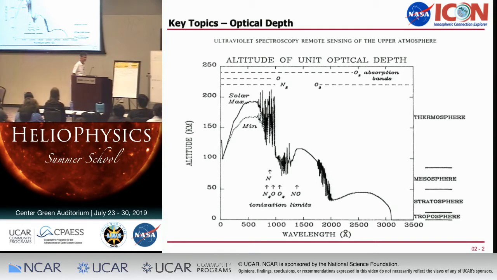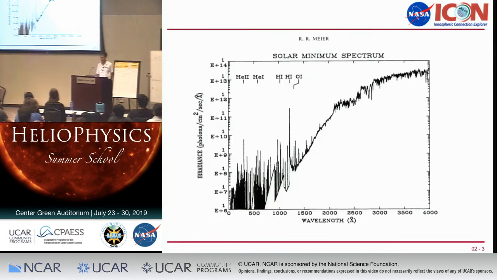I'm going to come back to this because there are a couple of important things here. The solar spectrum, the flux, the irradiance in photons per square centimeter per second per angstrom, just to get your units right, is dropping drastically. As you know, a black body is going to cut off somewhere around here.